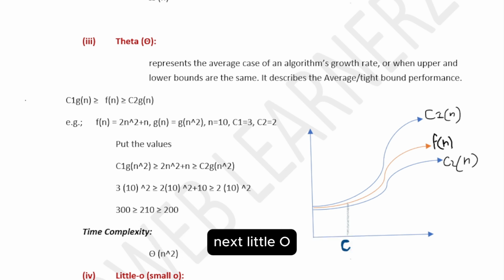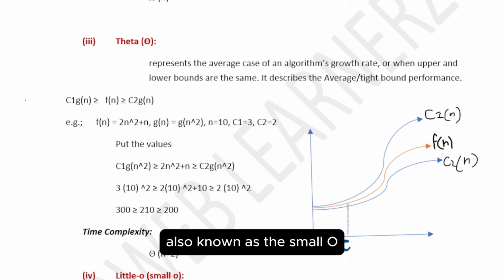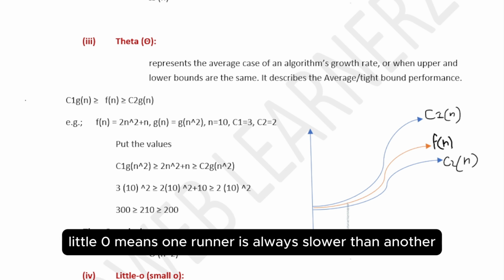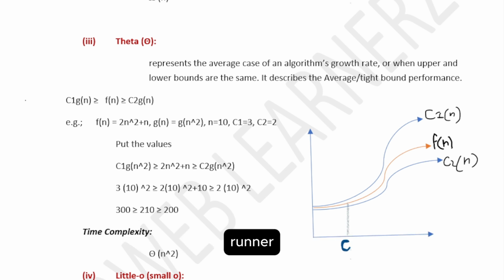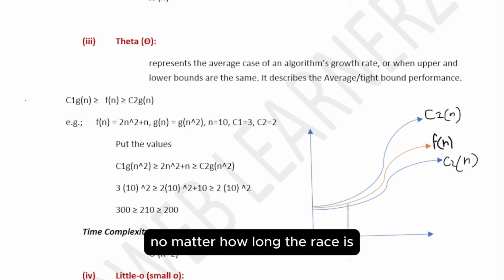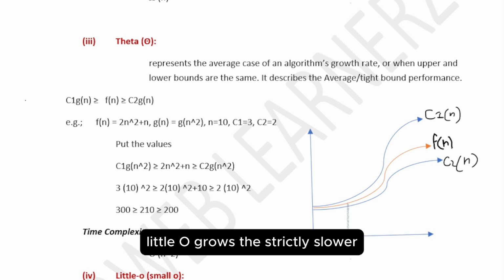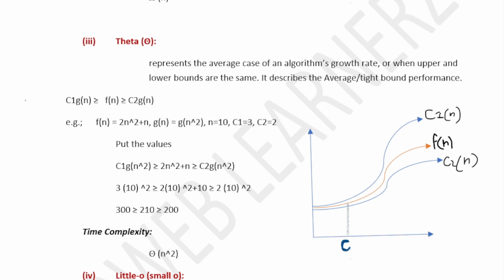Next, little o, also known as the small o. Little o represents the strict upper bound of an algorithm's growth rate. Little o means one runner is always slower than another runner, no matter how long the race is. For example, walking speed compared to bike speed. Little o grows strictly slower.